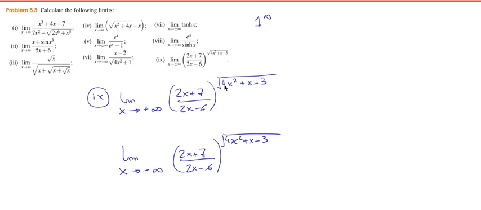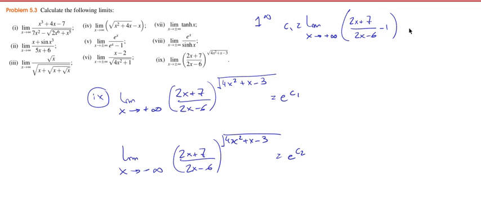Because this is asymptotically equivalent to 2x, right? So now this is e to the c, right? Let's call it c1, and the other one is going to be e to the c2, right? c1 is the limit when x goes to plus infinity of 2x plus 7 divided by 2x minus 6 minus 1 times the square root of this, right?